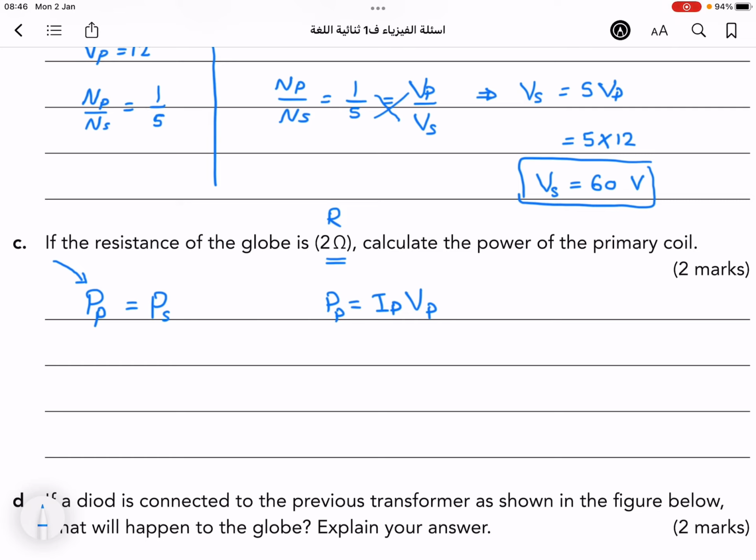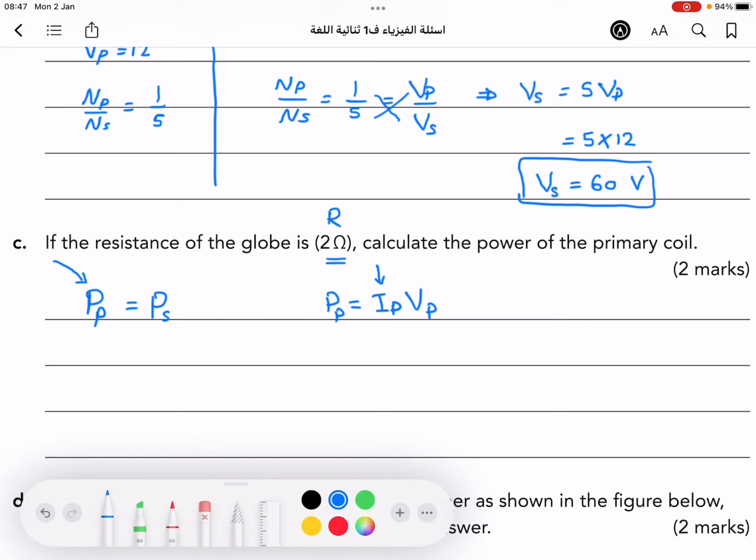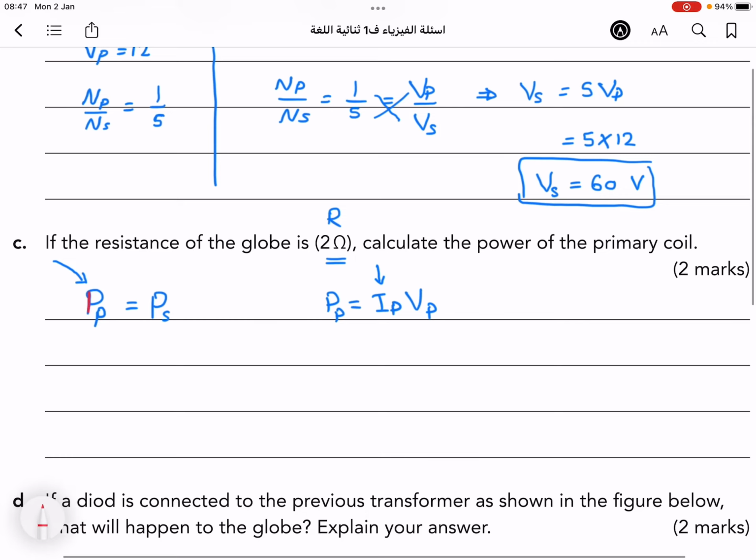I have VP, which is 12, but IP is missing. But as long as the power in the primary coil equals the power in the secondary coil, I can calculate the power in the primary coil by calculating the power in the secondary coil.